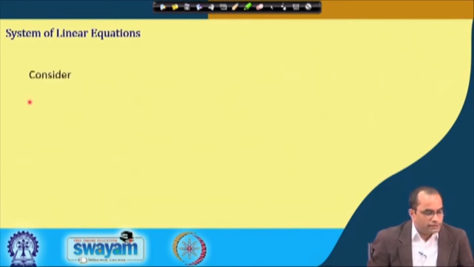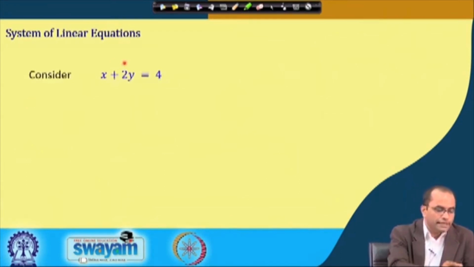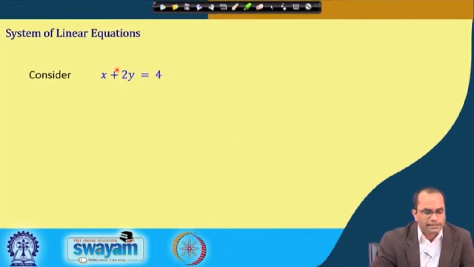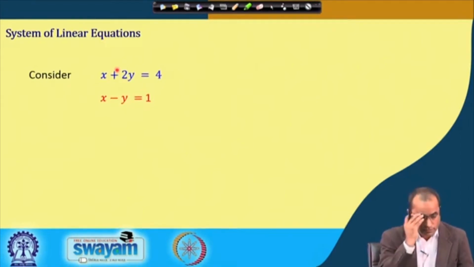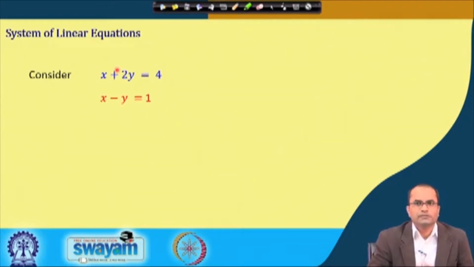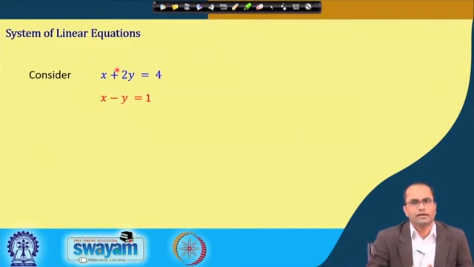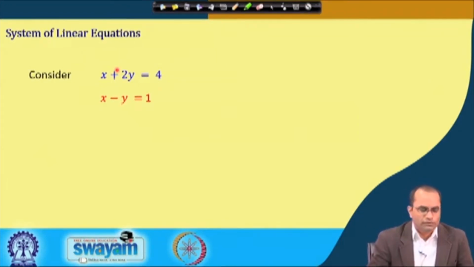Then let us take a simple example. We have x plus 2y is equal to 4, one equation, and then one more equation given by x minus y is equal to 1. Considering these two equations, the geometrical interpretation will be very easy, and then we can generalize the concept for more variables.